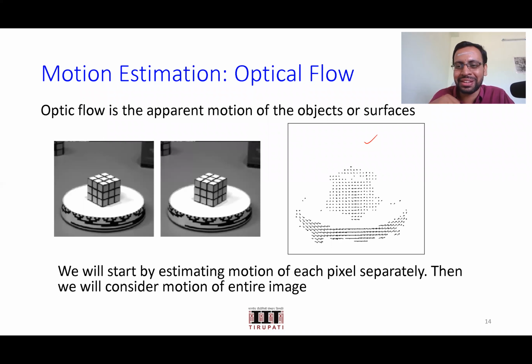This is something each of us builds over a period of time, where depending on the apparent motion, we in fact make an interpretation of the 3D information. Anyway, we will discuss more exciting things about that in later classes after a few weeks, but that's a very important observation.